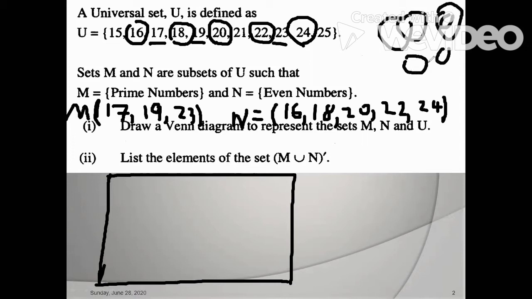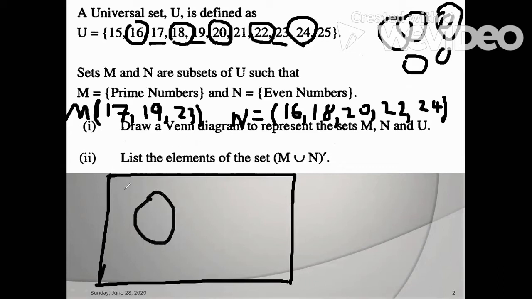So let's look at these two sets. As you can see, there are no numbers that are common, so the circles won't touch. Well, they can touch, but if they intersect, you can't put any number in the center. Because there are no common numbers, I'm not going to let them touch.